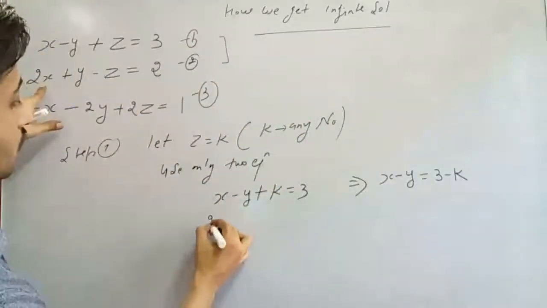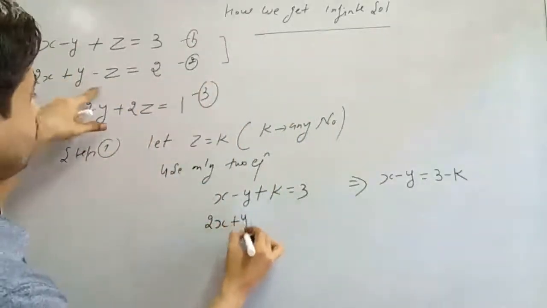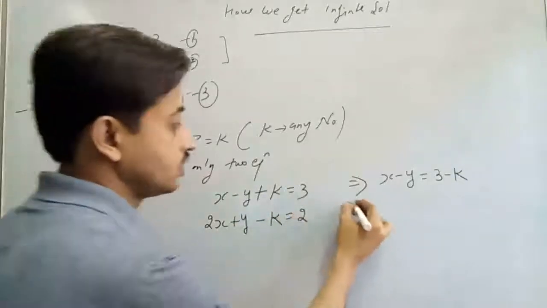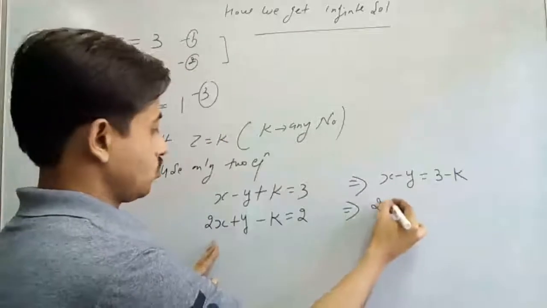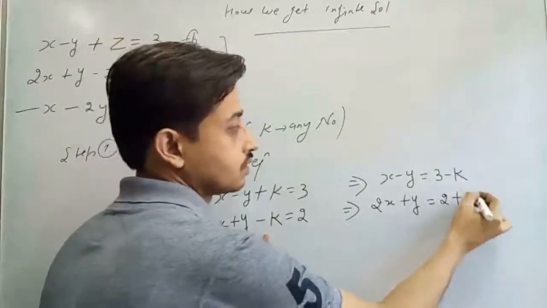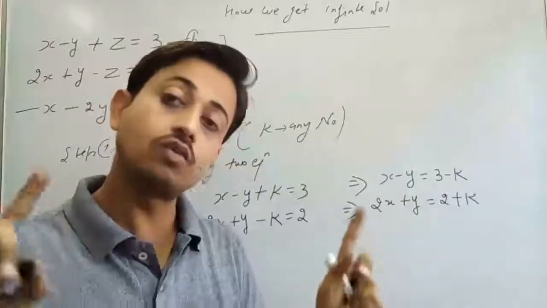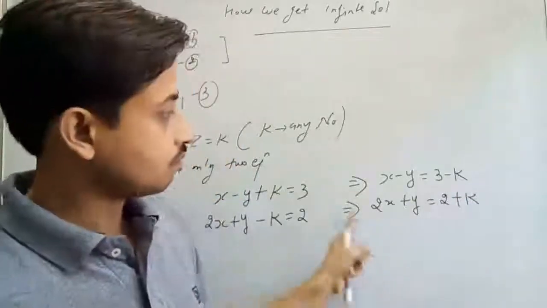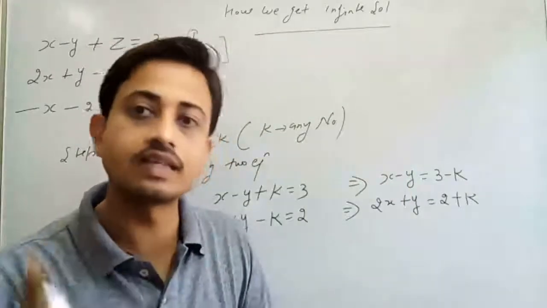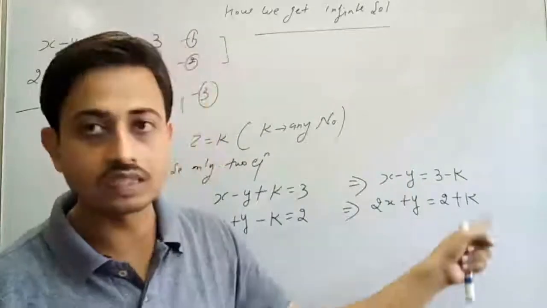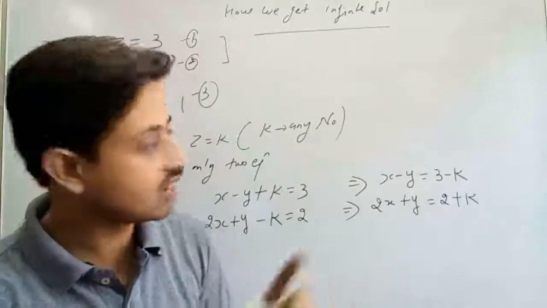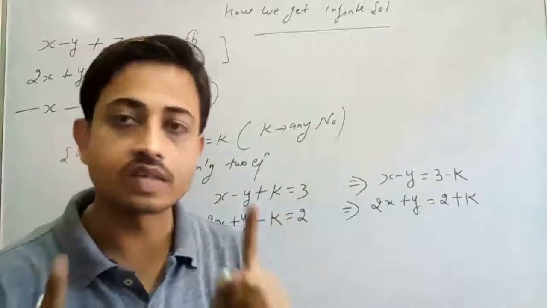The second equation is 2x plus y minus z is equal to k, so this becomes 2x plus y is equal to 2 plus k. Now we do the same steps: using these two equations, we apply the matrix method and get the solution in terms of k. All the steps are the same.